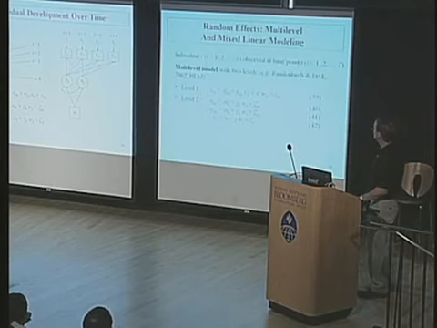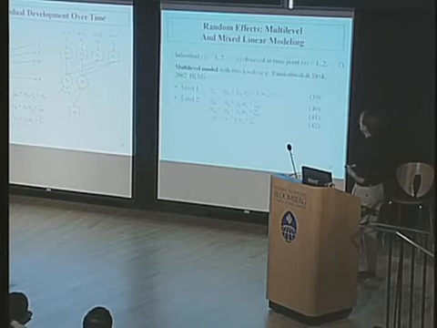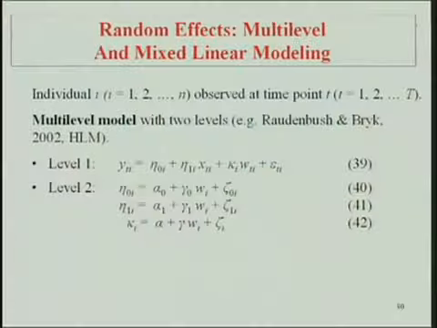Here is the random effects multi-level and mixed linear modeling comparison. If you start with the multi-level model, I recommend that you read the Raudenbush and Bryk book. We have all the references in the back. Level 1 in our notation is as before, random intercept, random slope, time-related variable, but now you have x sub ti. And w sub ti is now a time-varying covariate.